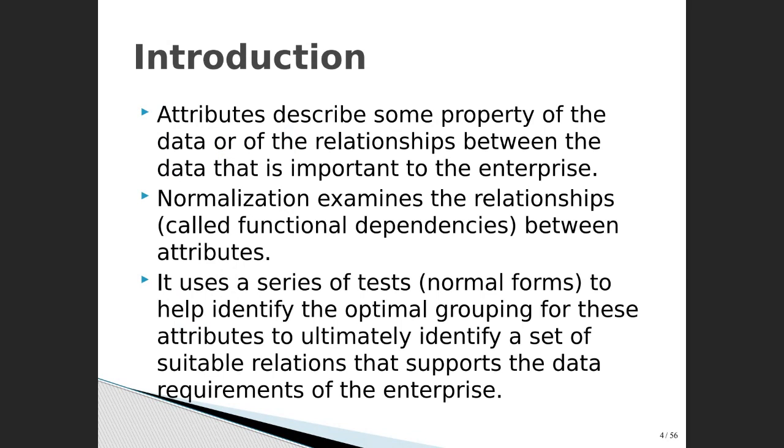Now, we know that attributes describe some property of data or the relationship between the data, and it's important to have attributes. With normalization, the attributes provide some property of data and have some relationship among different attributes.